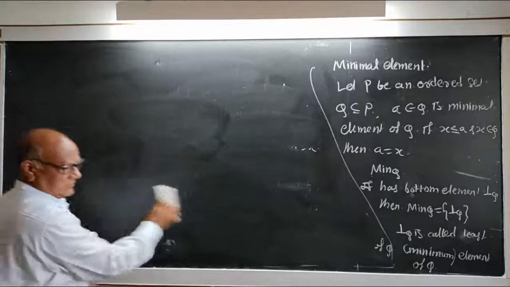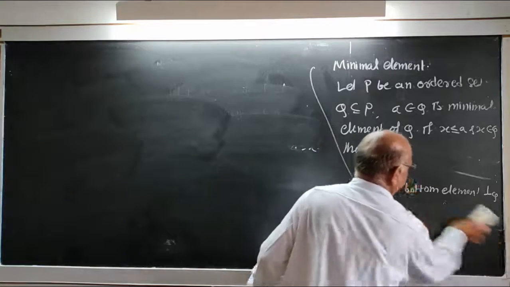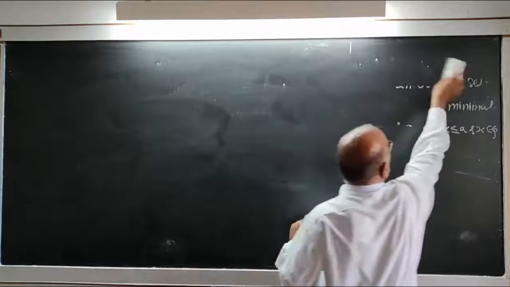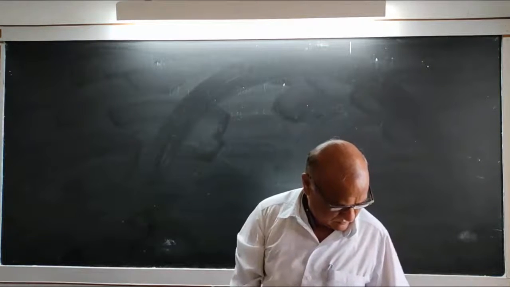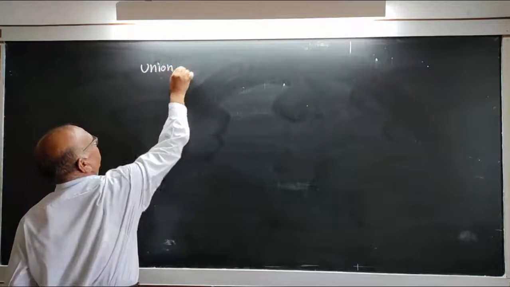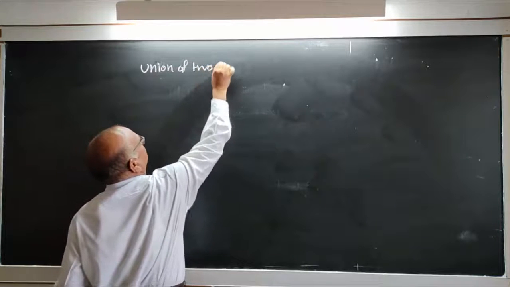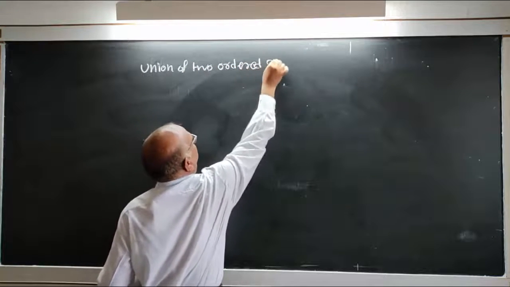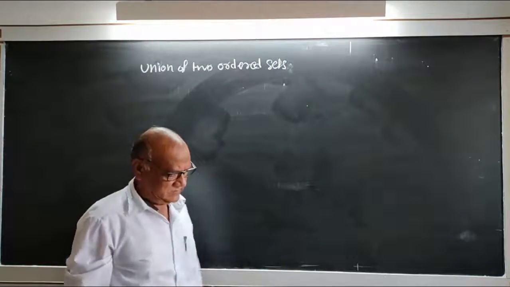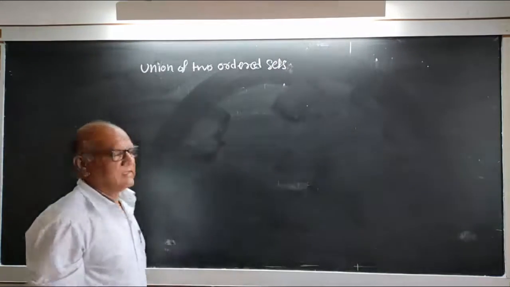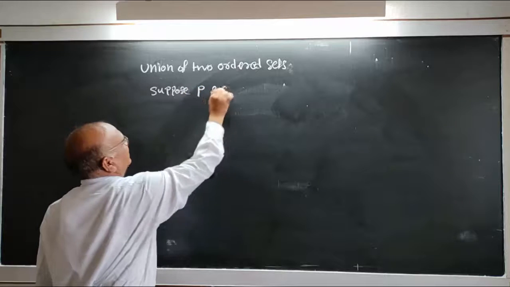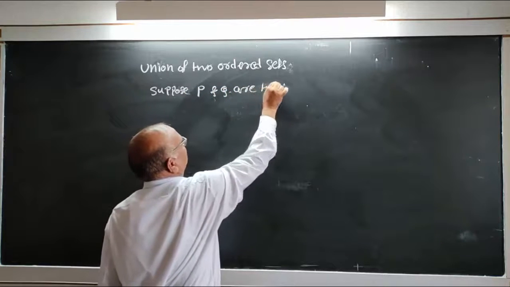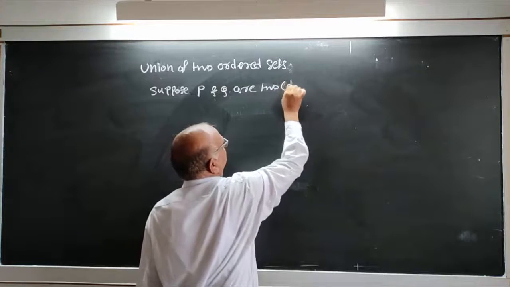Now, union of two order sets. Here, suppose P and Q are two disjoint order sets.